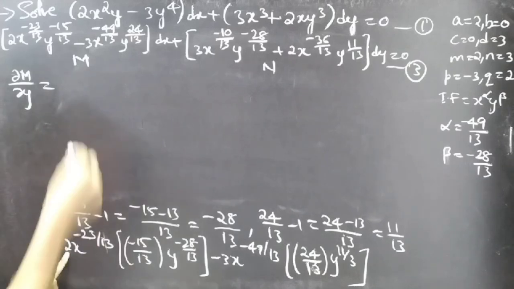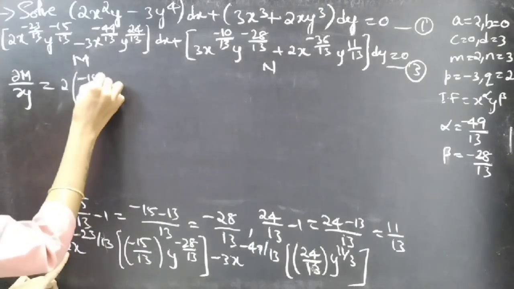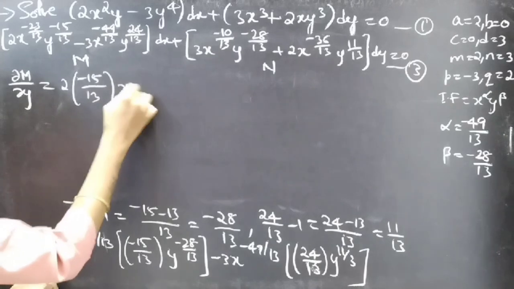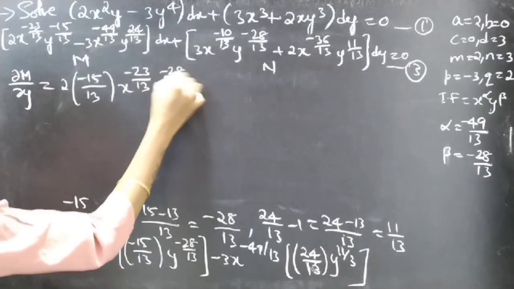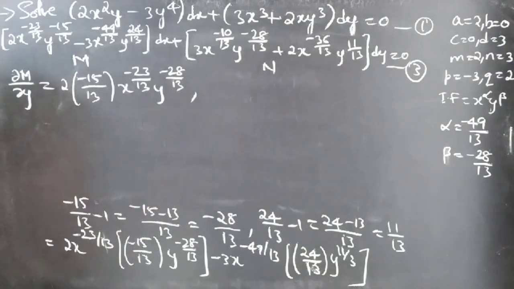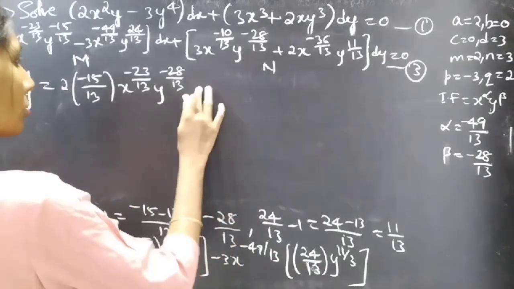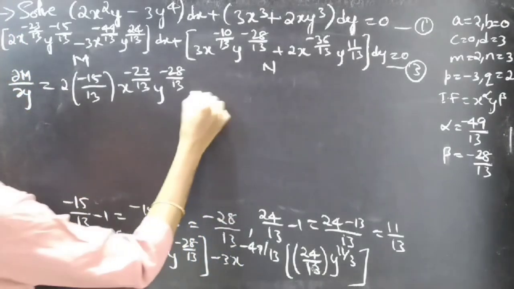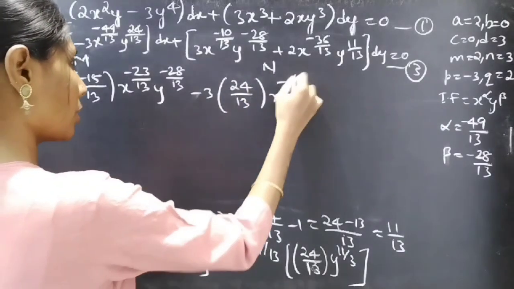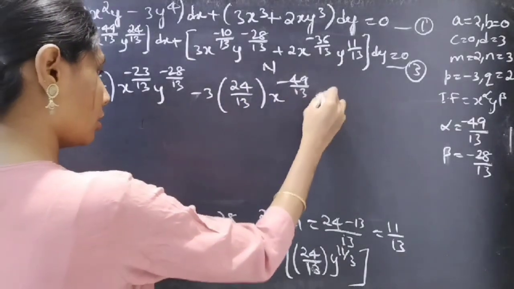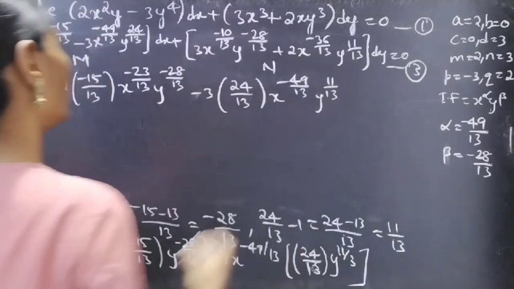This becomes 2 into minus 15 by 13 into x power minus 23 by 13, y power minus 28 by 13, minus 3 into 24 by 13 into x power minus 49 by 13 into y power 11 by 13, right?